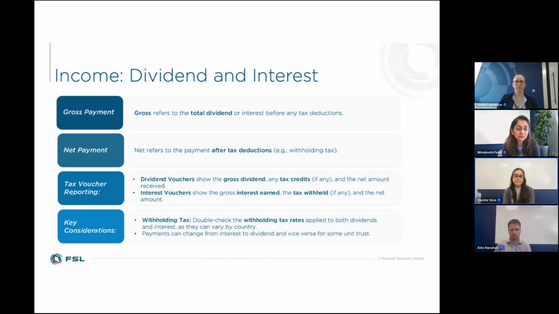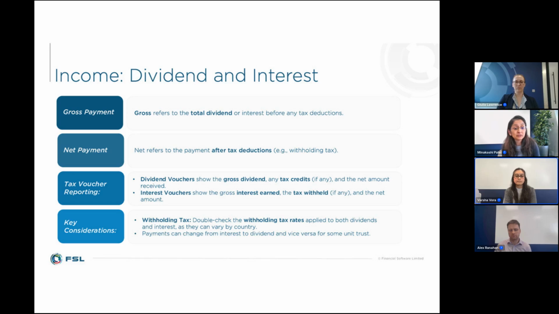Sometimes you get a slight variance, and that can cause issues with clients, because they say, well, this stock was in this country and so was this one, why do they have different withholding tax rates? Sometimes it's just been the way the system has processed it. So it's definitely worth looking out for any withholding taxes to make sure that dividends and interest received from the same country all have the same rates applied as well.